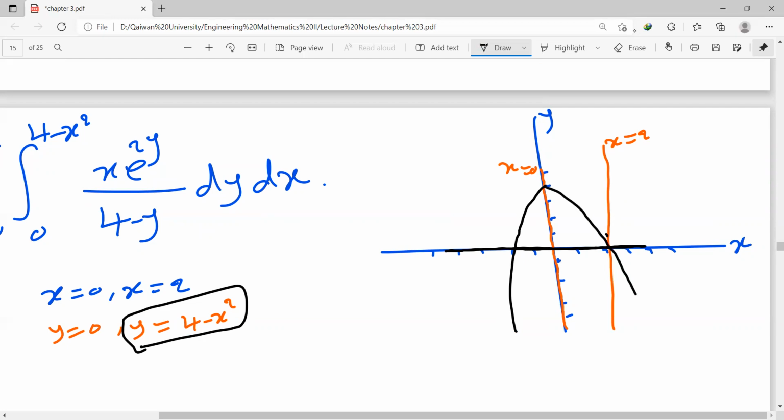This is the graph. So the region is bounded by these two vertical lines and the horizontal line, y equals 0, and y equals 4 minus x squared.